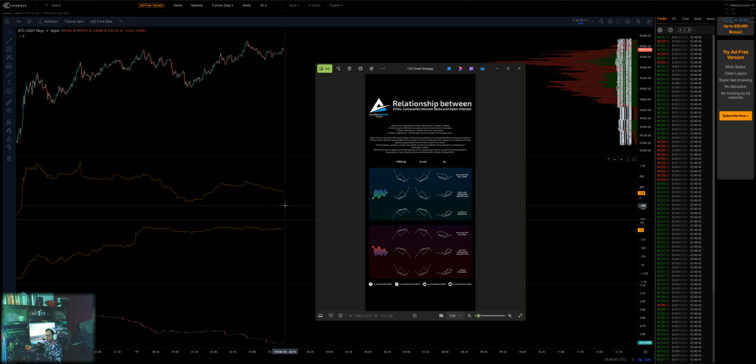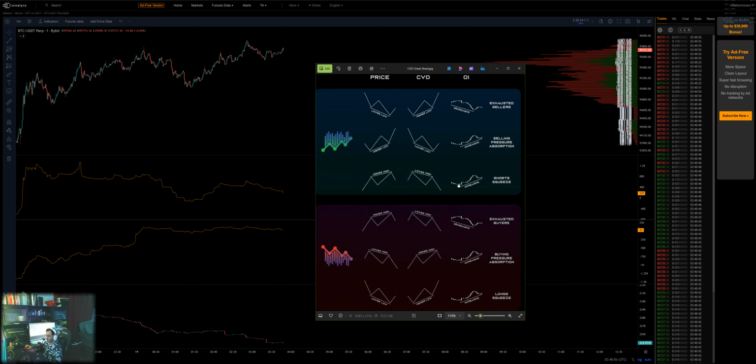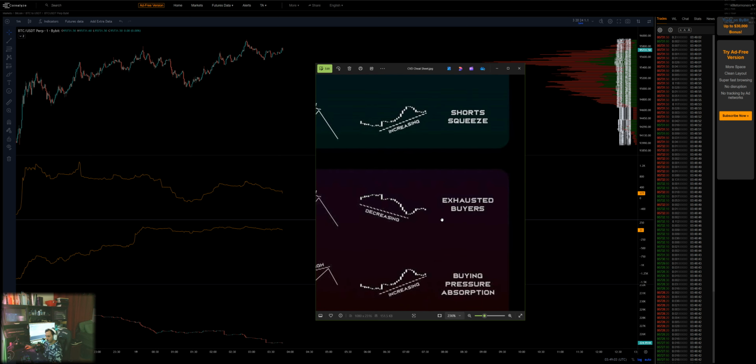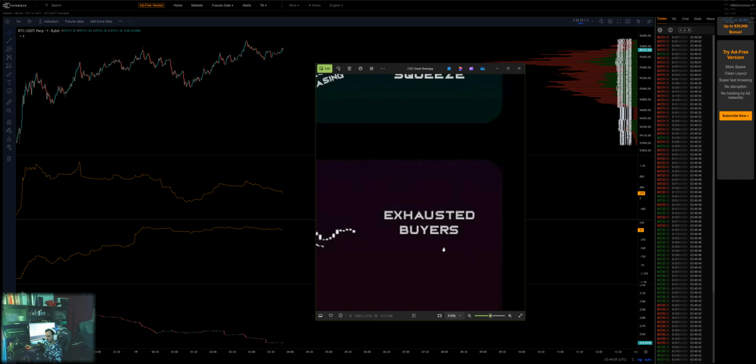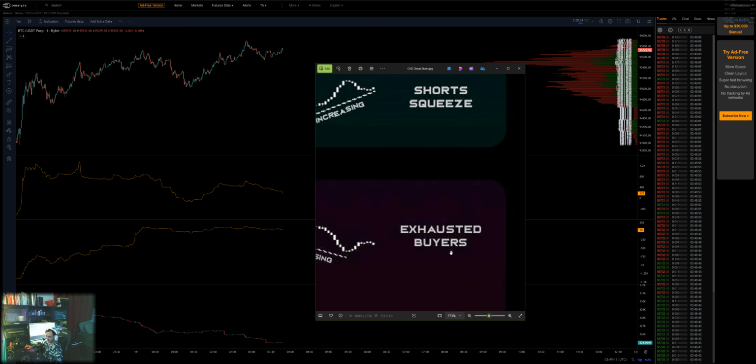CVD's getting lower. And open interest is coming lower. I wonder if there's anything on our cheat sheet that follows such a pattern. I wonder. There could only be something telling us, right?